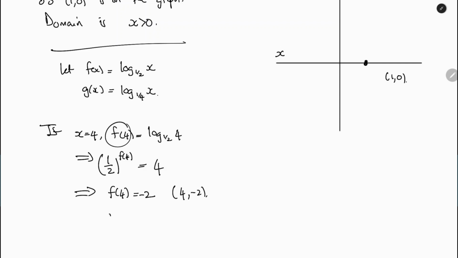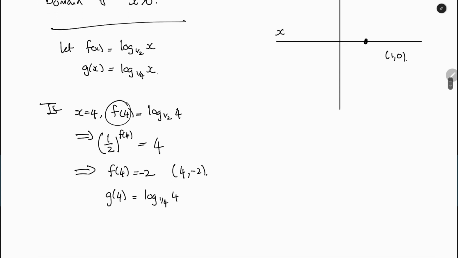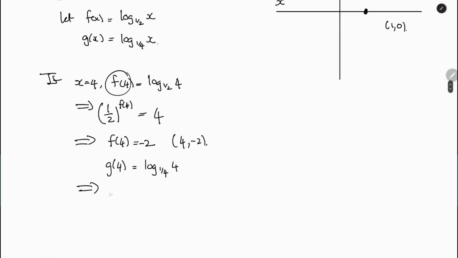Now g of 4 is going to equal log base a quarter of 4, which implies that a quarter to the power of g of 4 is going to equal 4, and then we can see that g of 4 is equal to minus 1, and then we're going to get the point 4 and minus 1.